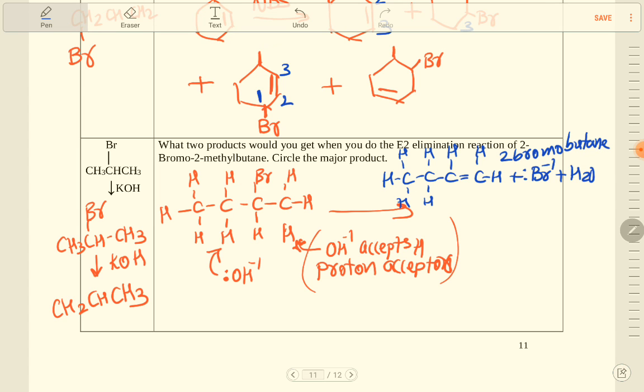That's one of the products. But 1-ene. All right. Then the second one, let's see if I have some space.